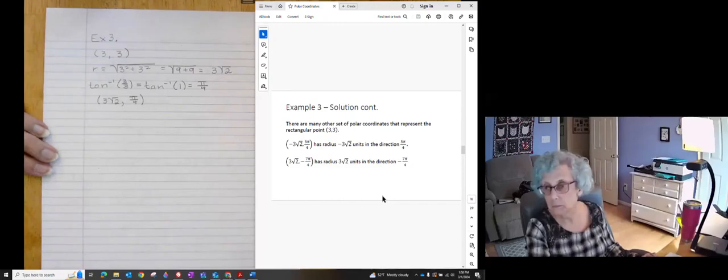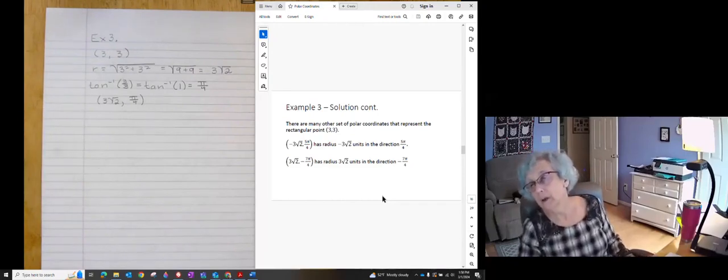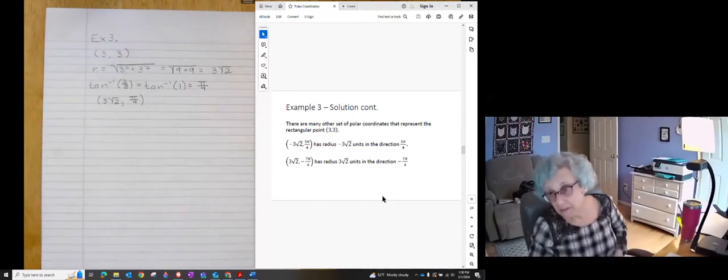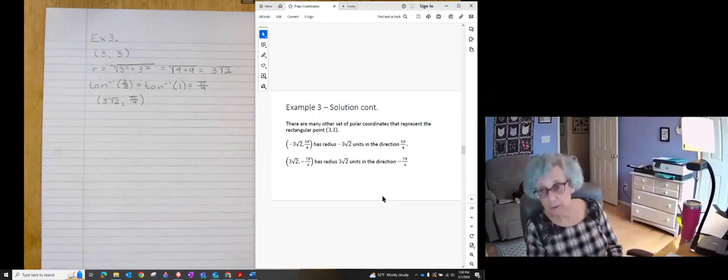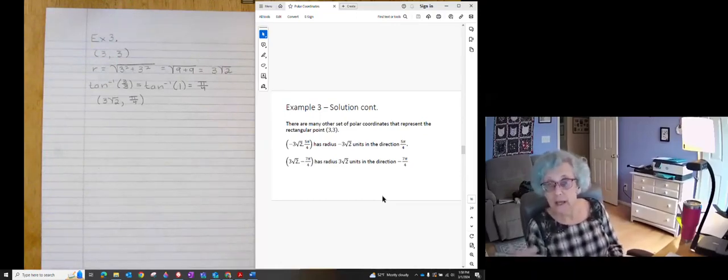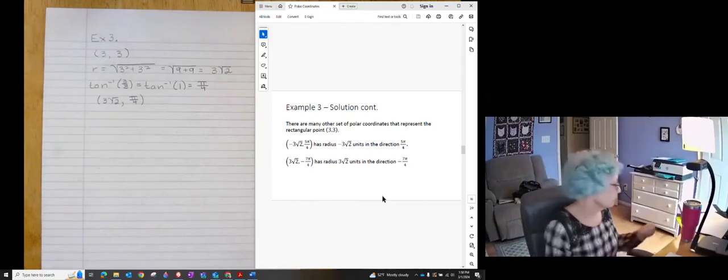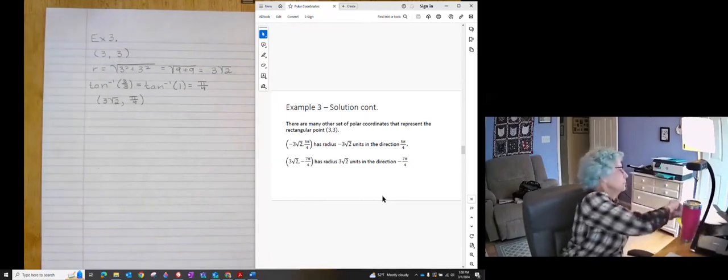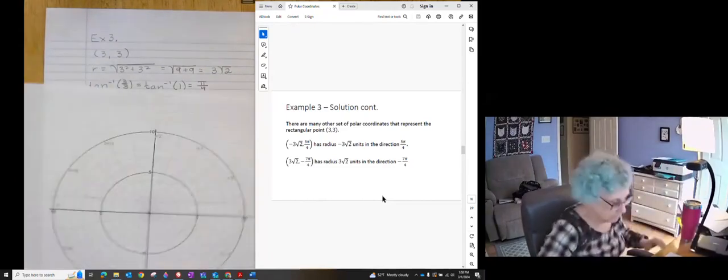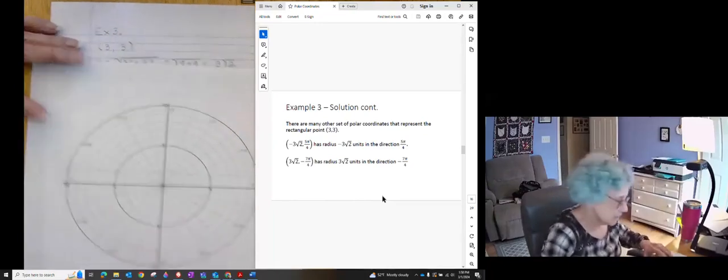Okay, there are lots of other rectangular or polar coordinates that represent the point (3, 3). You could have negative 3 square root of 2 with 5 pi over 4. So let me get another piece of paper.